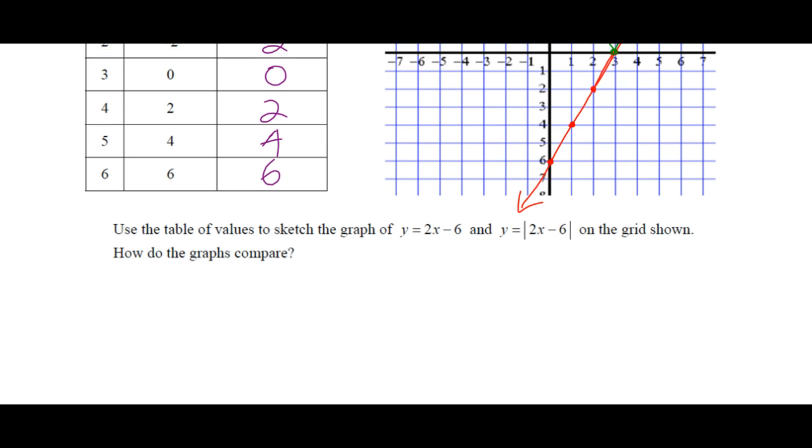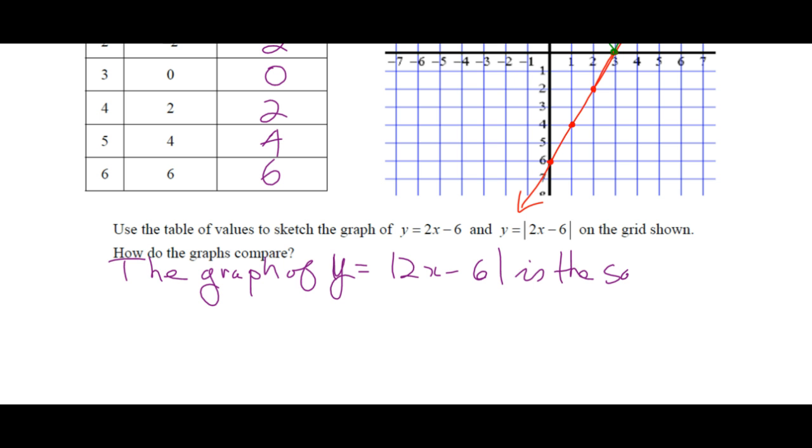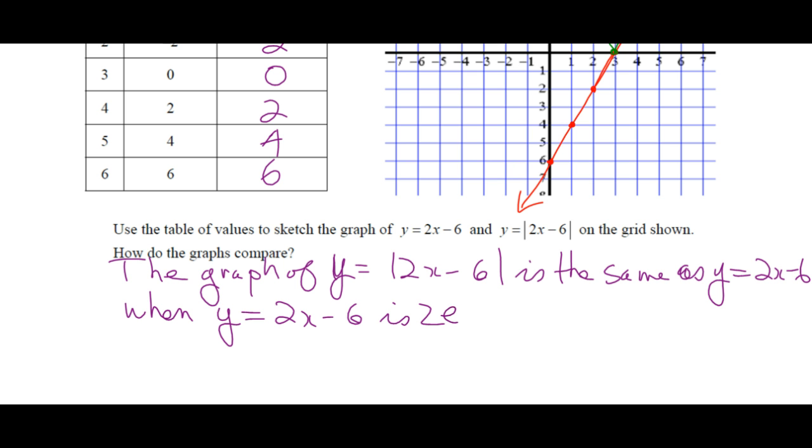How do the graphs compare? The graph of the absolute value, I'll say y equals, is the same as y equals 2x minus 6 when 2x minus 6 is greater than or equal to 0.